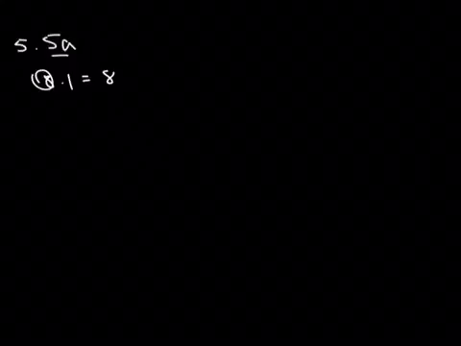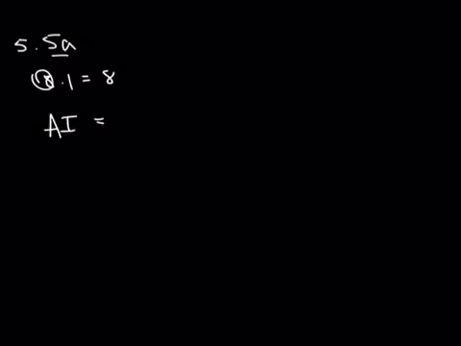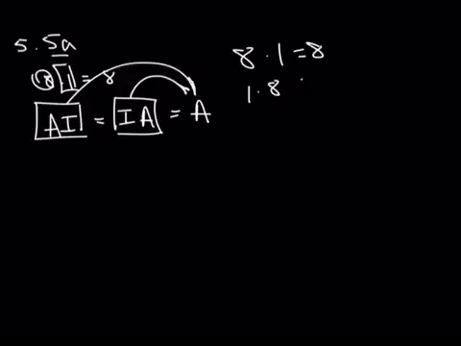If we were to take the matrix, let's just call it A, and we multiply it by its identity, which up here in simple math is just 1, that's going to equal the identity times the matrix itself, which means it's going to equal A. So if we multiply A times its identity, or its identity times A, we're going to get, in both situations, what we started with, A. Just like here, if we took 8 times 1, we get 8, or 1 times 8, we get 8.